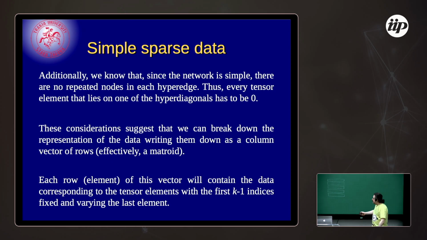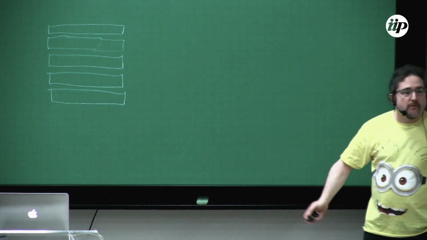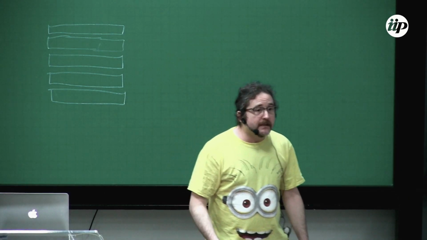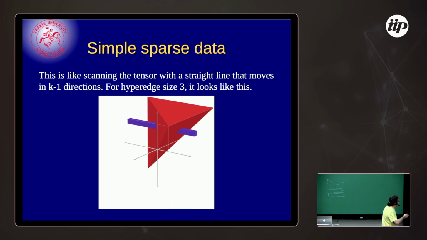Each index corresponding to the elements of a single row will be the last index in the elements of the tensor that we are dealing with. Effectively, what I'm saying is that we are scanning the tensor like this.